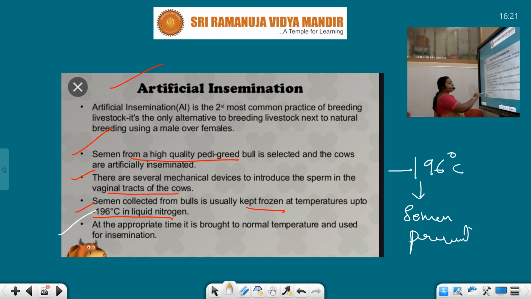At the appropriate time, it is brought to normal temperature and used for insemination. Students, they need to maintain the appropriate timings for all these things.